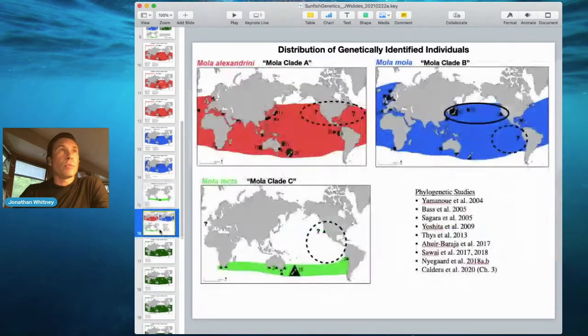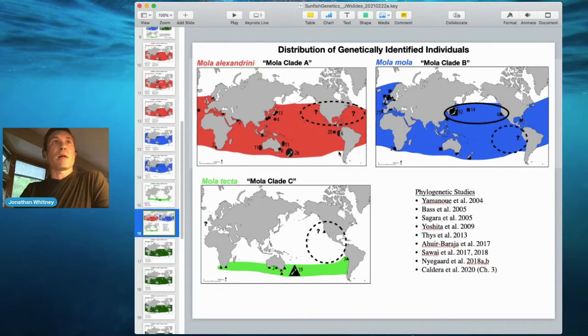Okay, looking at the three Mola species together, we see that all three species overlap in South Africa and Australia, New Zealand. And interestingly, with the two, Mola alexandrini and Mola, what's going on in the Eastern Tropical Pacific is still a big question mark. Currently, all the records for Mola are only in the northern hemisphere. We don't have any records in the southern hemisphere and the Eastern Pacific.